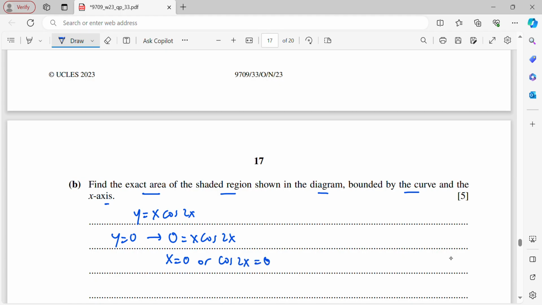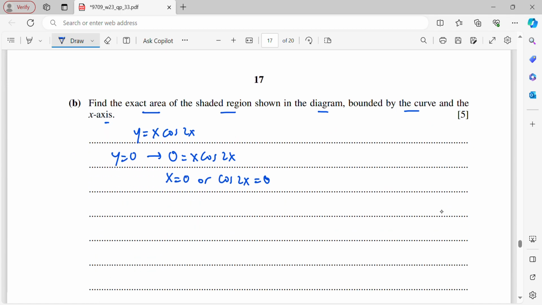When cos 2x equals 0, let's look at the cos graph. This is 2 pi, here is 3 pi over 2, then this is half pi, this is pi, and here is half pi.